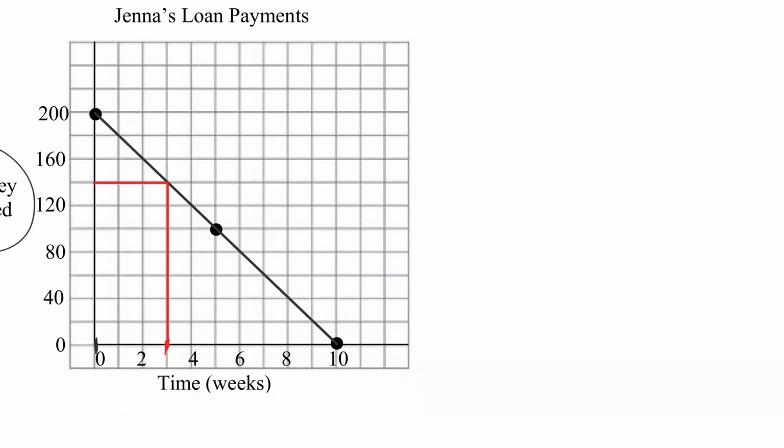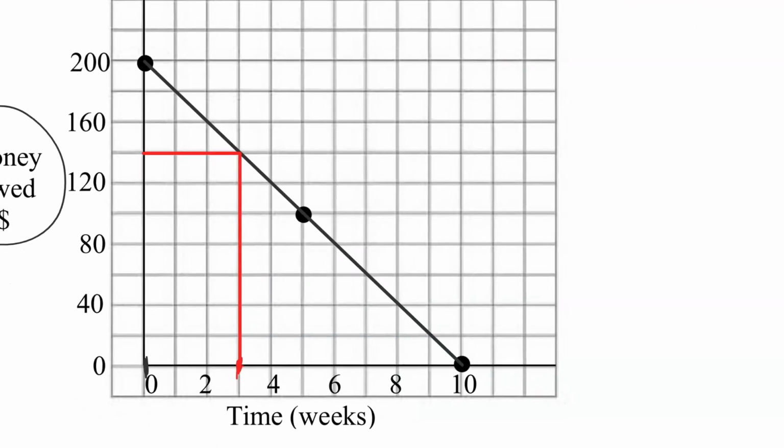Now, we want to go back to our graph here, and I'm going to be using this tool again, but this time, instead of starting at the bottom on my X, I'm going to be starting on my Y. So I'm going to find the $100, I'm going to move over, and then I'm going to go down onto the X. It actually happens to be a point that we have plotted out already.